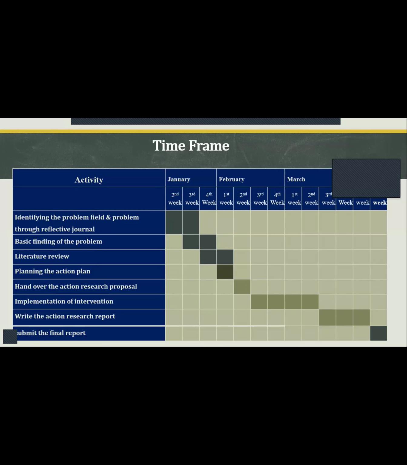I planned to hand over the action research proposal in the second week of February, but it got late. Implementation of the intervention in the third and fourth week of February and the first and second week of March. Writing the action research report in the third and fourth week of March and first week of April, and submitting the final report in the second week of April.